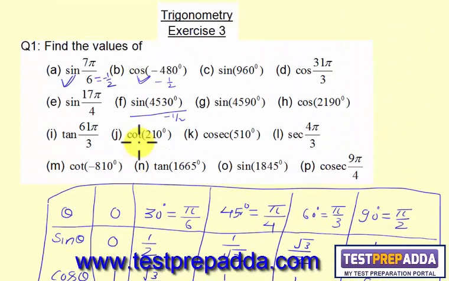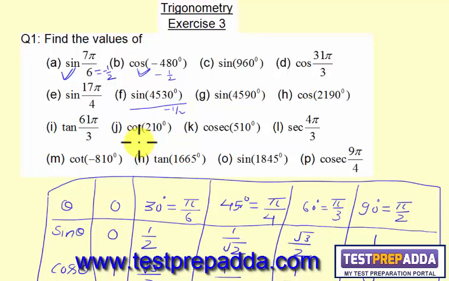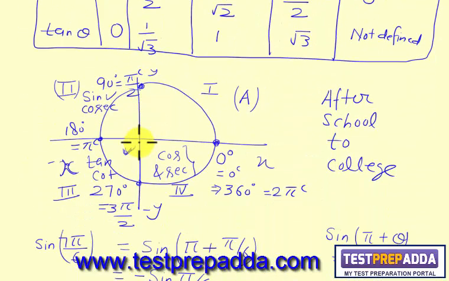The basic concept is, if we are asked to find the trigonometric ratios of given angles, first of all, you need to know the trigonometric ratios of some basic angles like 0 degrees, 30 degrees, 45 degrees, 60 degrees and 90 degrees. Second, we need to know the signs of different trigonometric ratios in different quadrants.